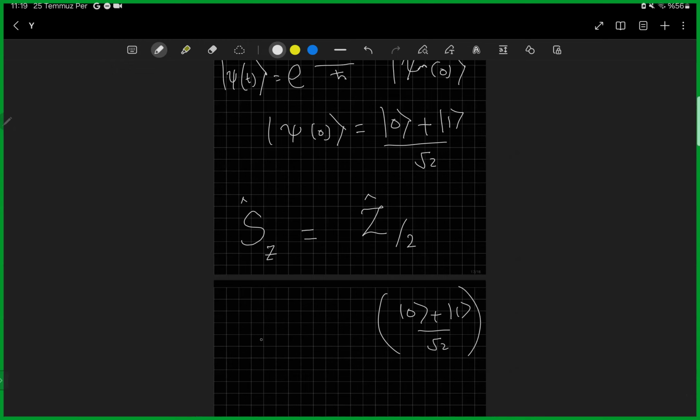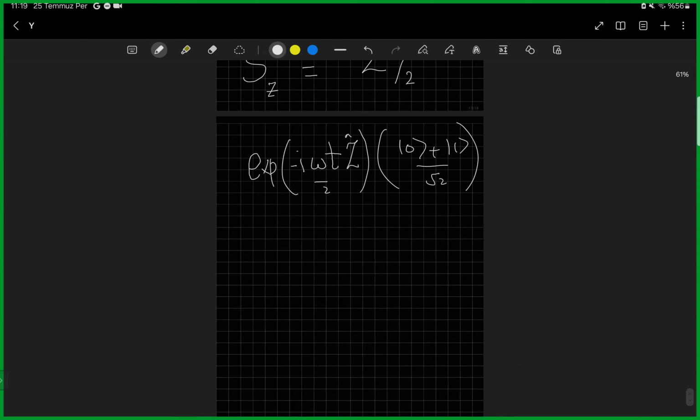and this is evolving in time as exponent minus i omega t Z. So this is your state at some later time.